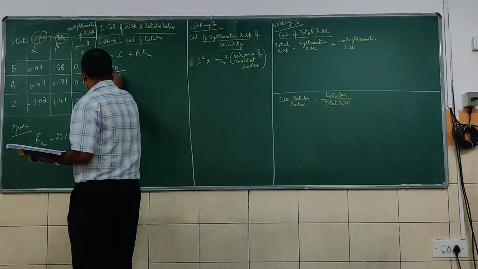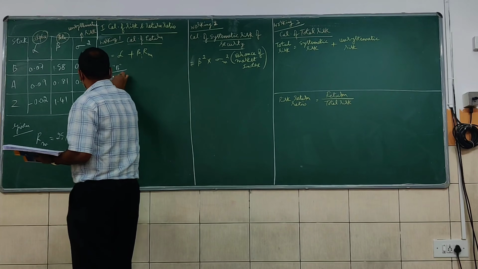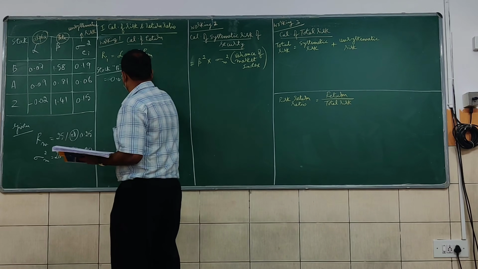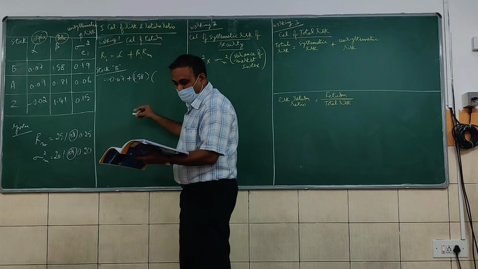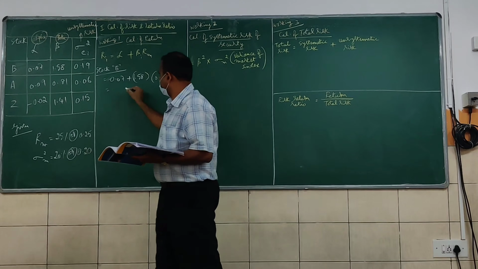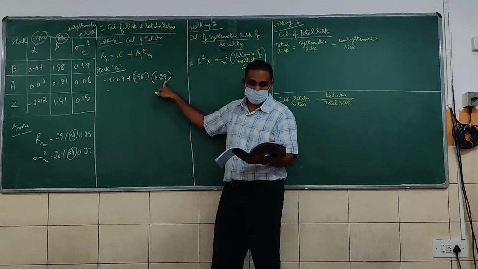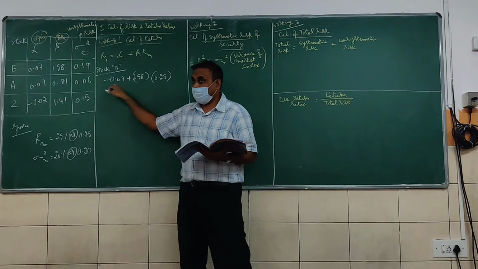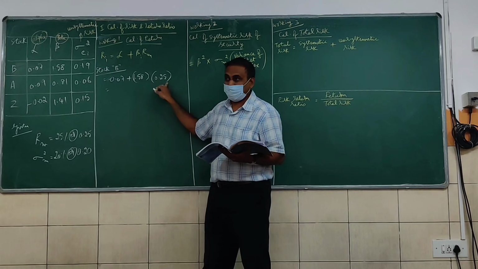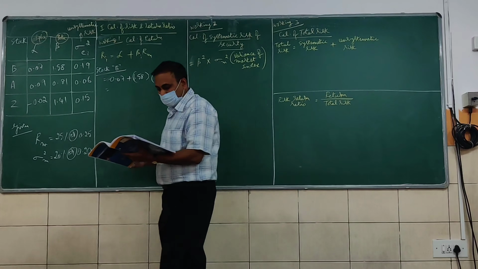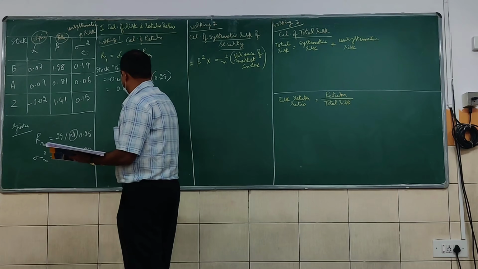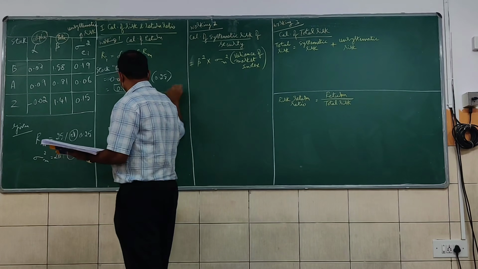For stock B, alpha is 0.07, beta is 1.58, RM is 0.25. So multiply this first, then add 0.07. First you have to simplify the multiplication, then add 0.07. This is for B.